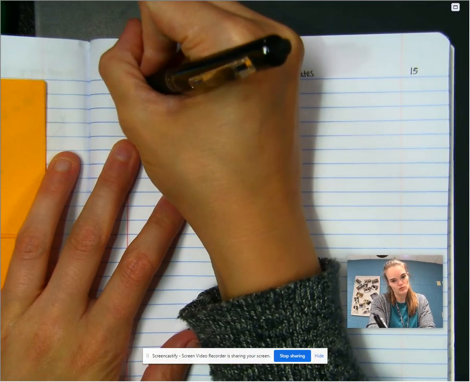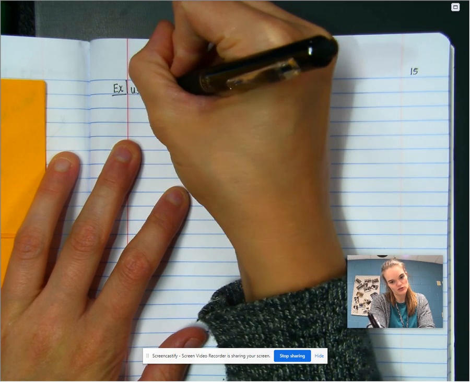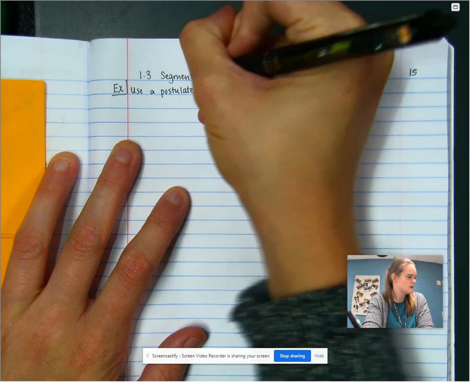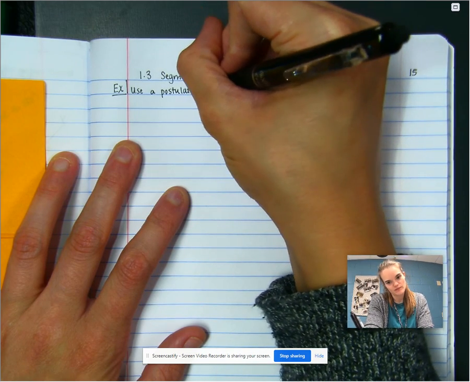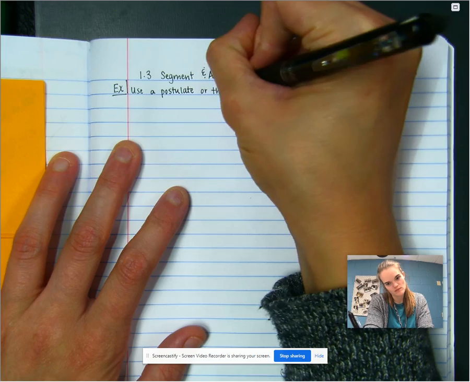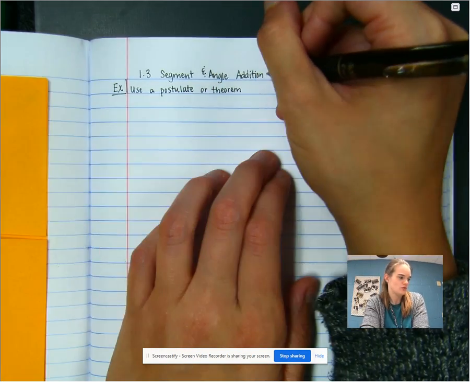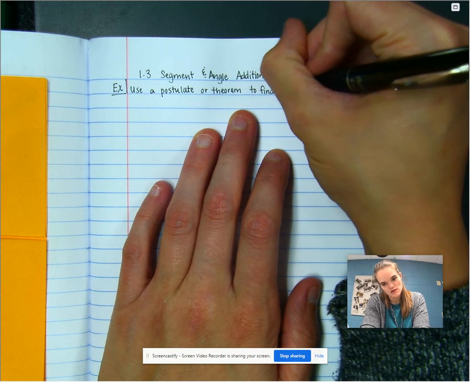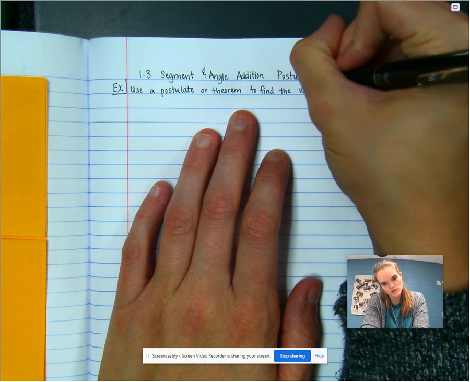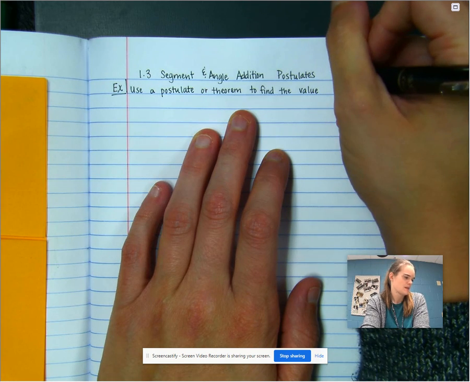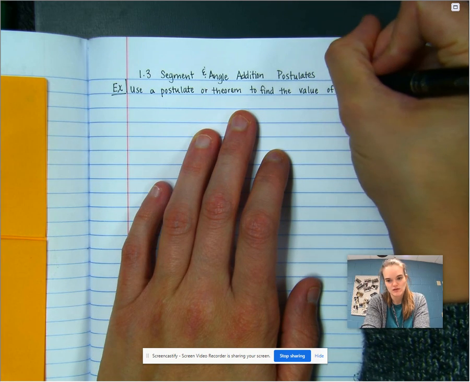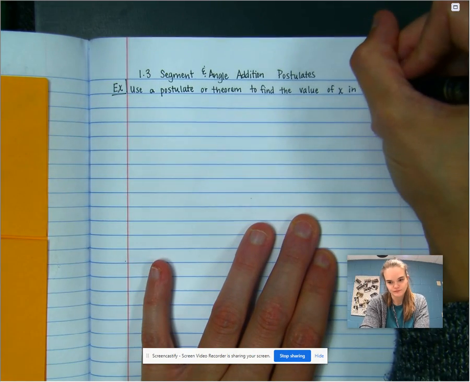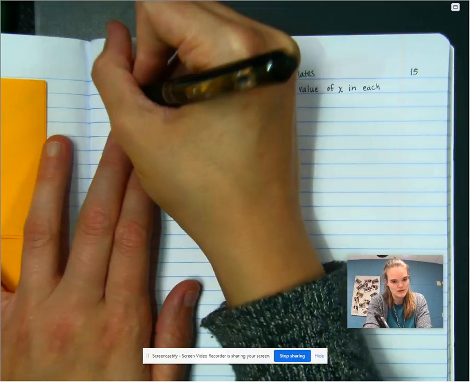We are going to use a postulate or theorem to find the value of x in each figure.